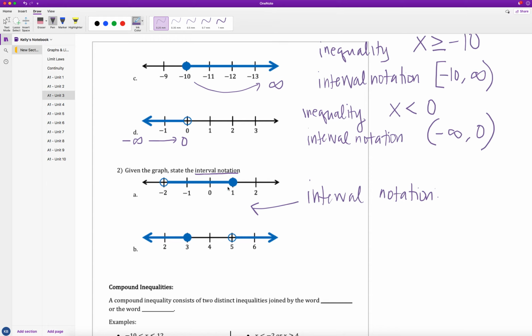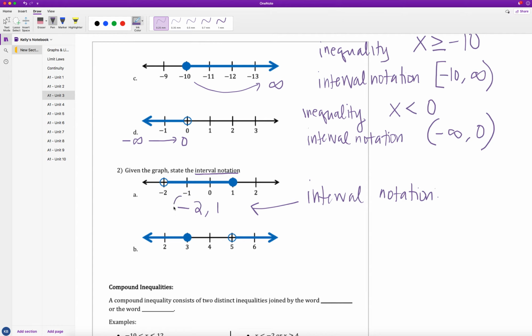So this graph is actually bounded by 2 finite numbers here. So I'm not going off to the right all the way or off to the left. I'm instead bounded, or I'm sandwiched in between our -2 and our 1. So in our interval notation, I'm going to want to start with -2, and I'm going all the way until 1. At -2, will I have a parenthesis or a bracket?